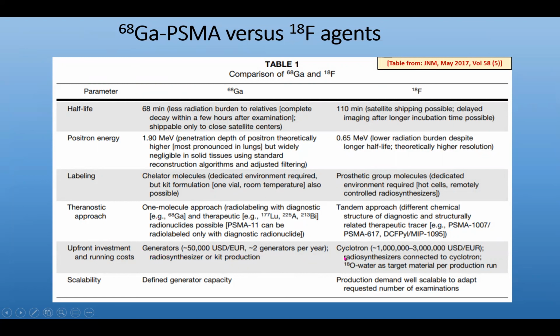Whereas fluorine-18, you require an on-site cyclotron, right? So this may be better for more departments that could afford perhaps to buy the gallium-68 generator and be able to do gallium-68 PET versus the $1 million outlay for building a cyclotron.